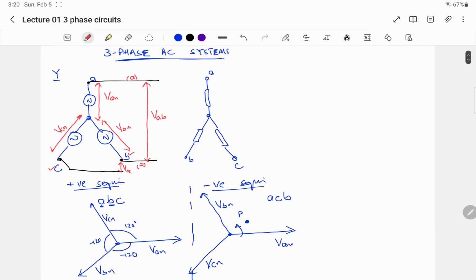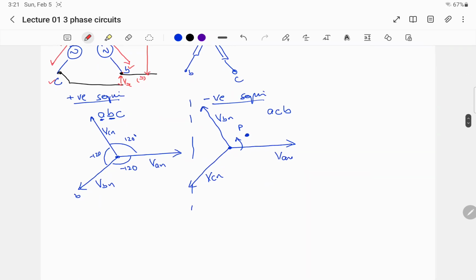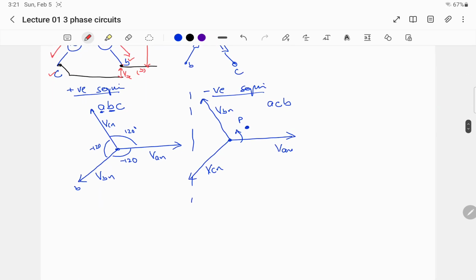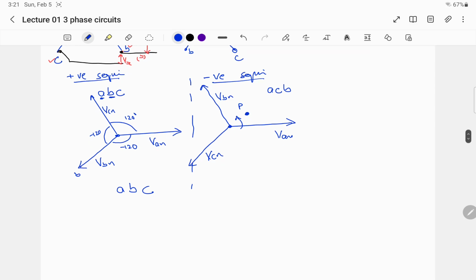So why have I not said voltage between line A and C, but I have said CA? This again goes to the positive and negative sequence order. So we have a positive sequence A, B, C. So we will always measure the voltages or make the phasor like VAB.